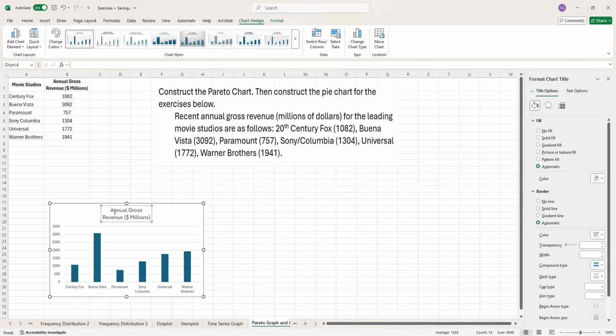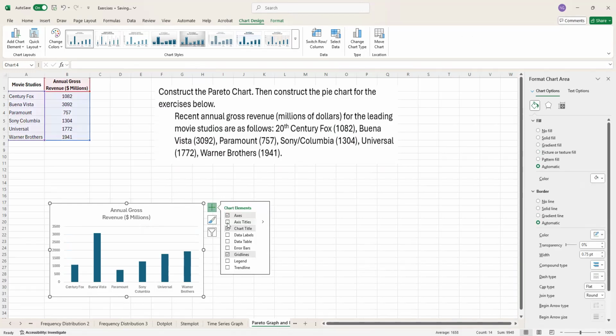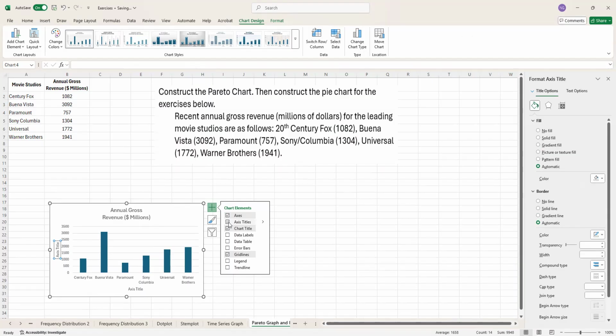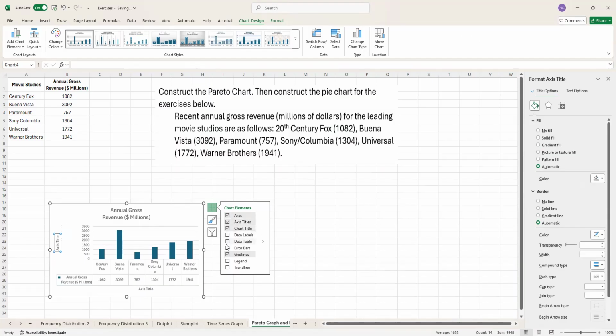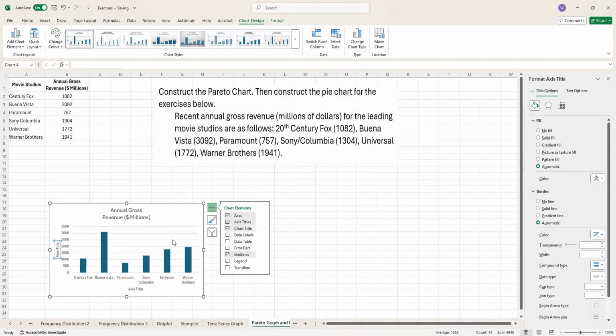Let's include the axis titles and change them.